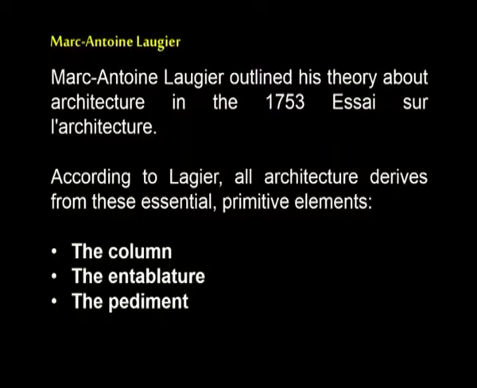Marc Antoine Laugier outlined his theory about architecture in the 1753 Essai sur l'architecture. According to Laugier, all architecture derives from three essential primitive elements: the column, the entablature and the pediment. Laugier explained his book-length essay in a second edition published in 1755.